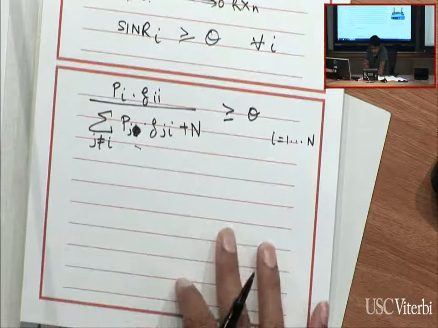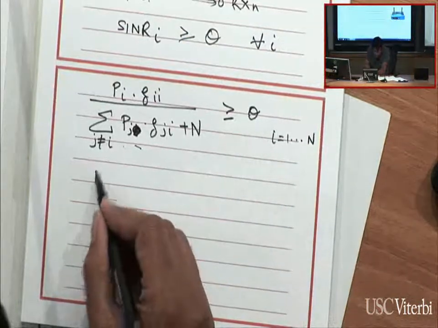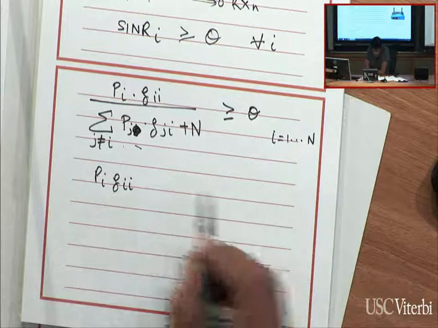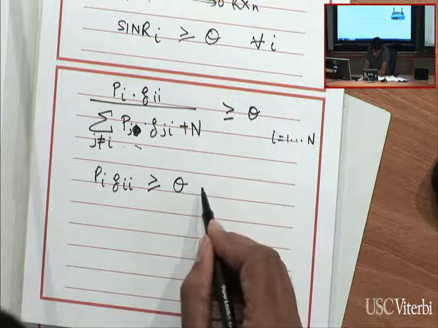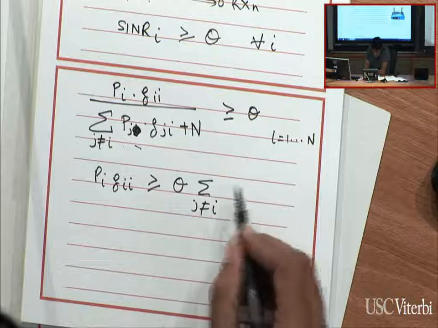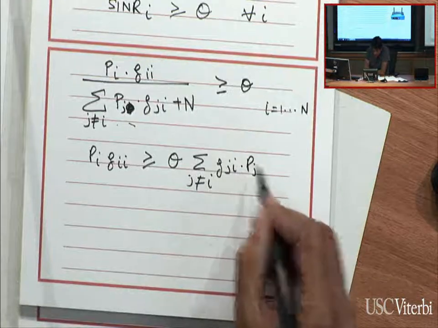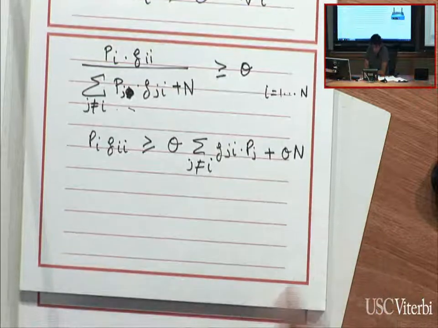Just as before, we can rewrite these as linear inequalities. We can rewrite this as PI GII is greater than or equal to theta times the summation over j not equal to i of GJI times PJ, plus theta n.